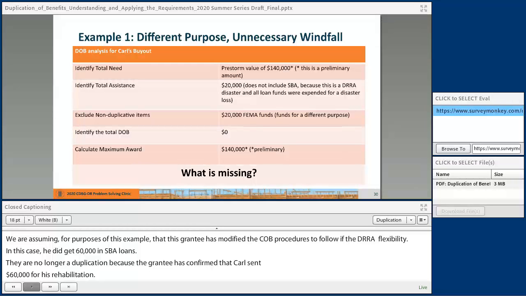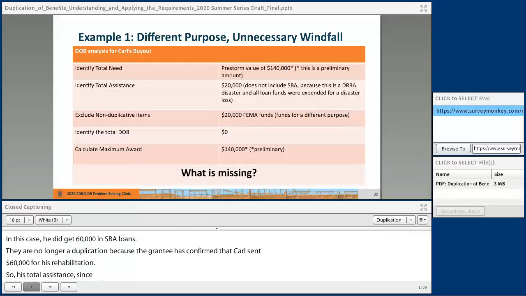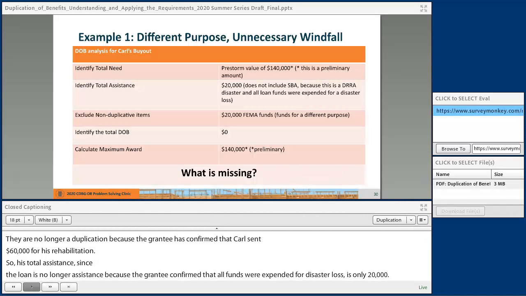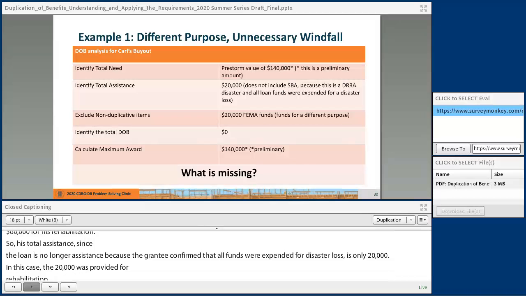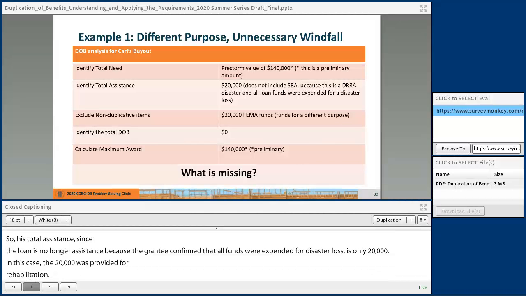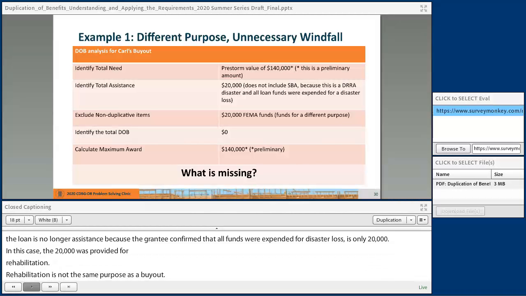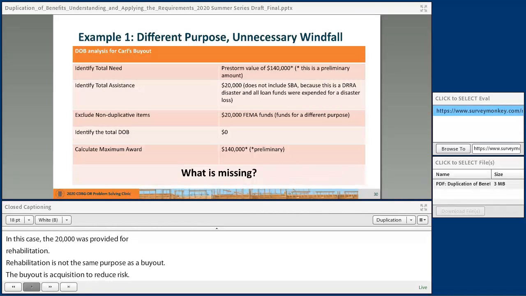In this case, the $20,000 was provided for rehabilitation. And rehabilitation is not the same purpose as a buyout. A buyout is acquisition to reduce risk. And so in this case, the $20,000 is actually excluded. So when you look at the duplication of benefits amount, it's zero.